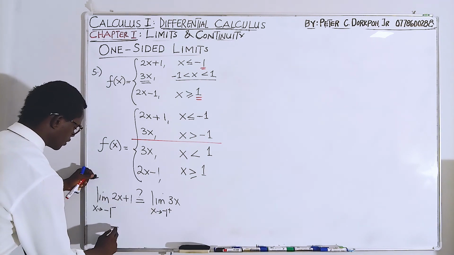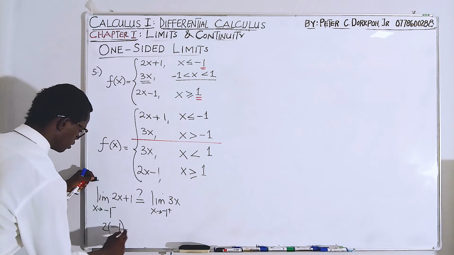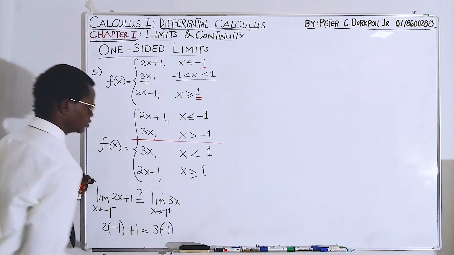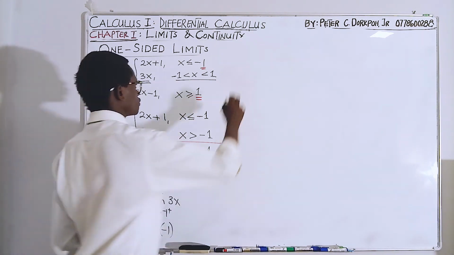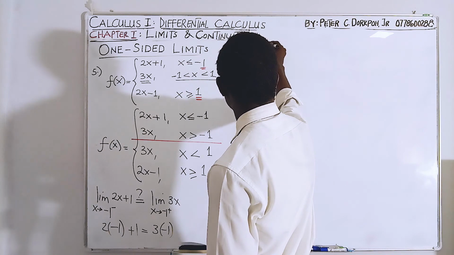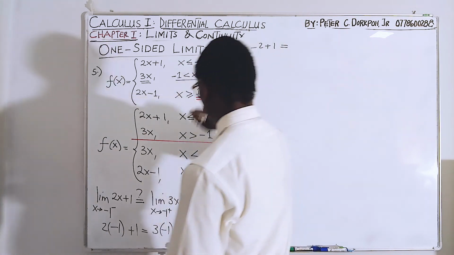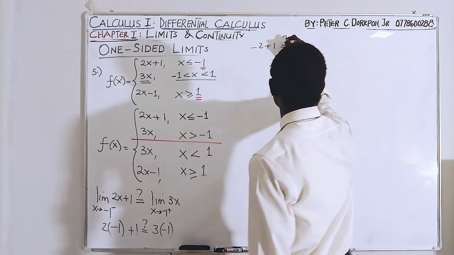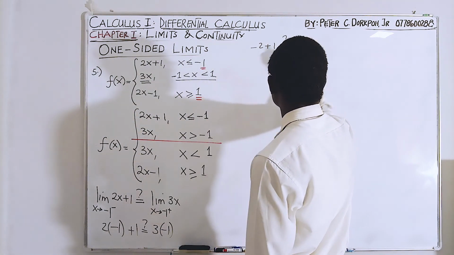So now this is minus 1, 2 times minus 1 plus 1, and this is 3 times minus 1. So we now have 2 times minus 1 to give us minus 2 plus 1, question mark, and then this is minus 3.